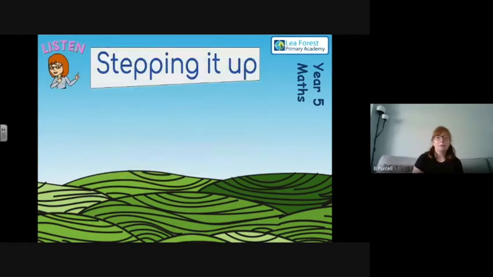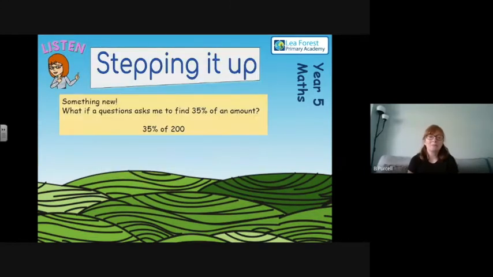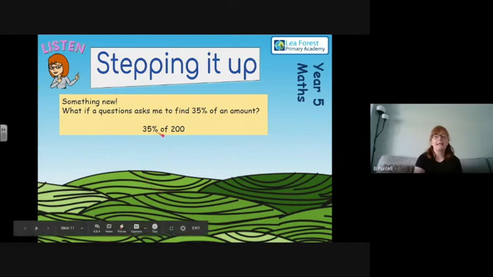So stepping it up, we're going to learn something new. What if a question asks me to find 35% of an amount? We've found multiples of ten percent, 10, 20, 30, 40, 50, 60, 70, 80, 90, but we haven't quite found one with a 5% in it. So I really want you to listen here.